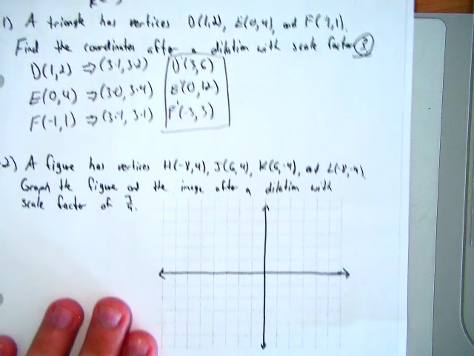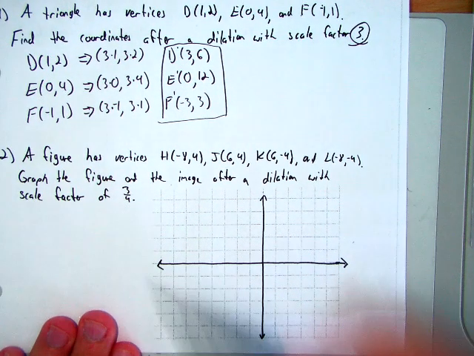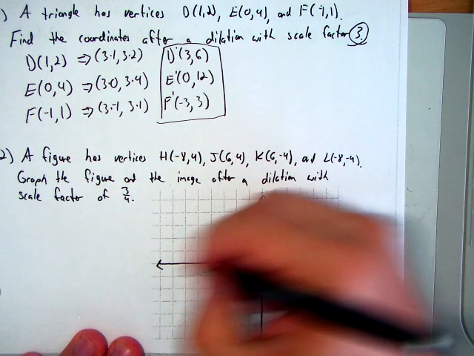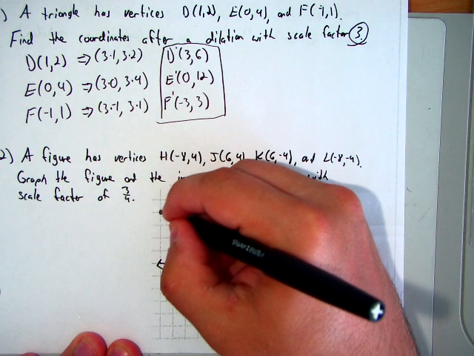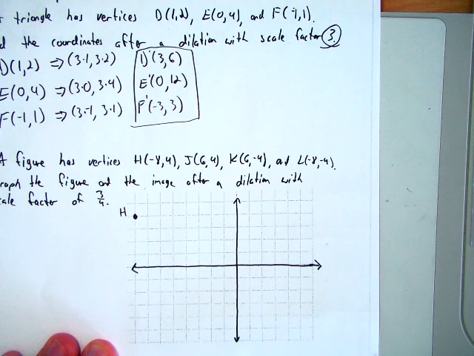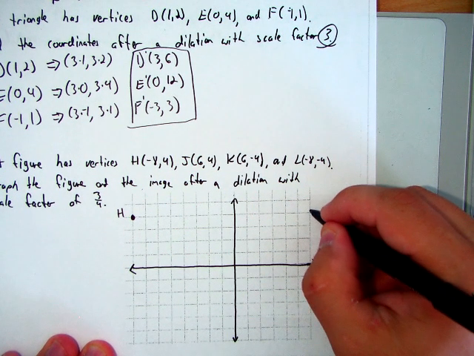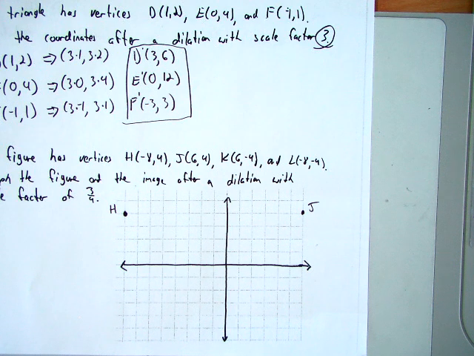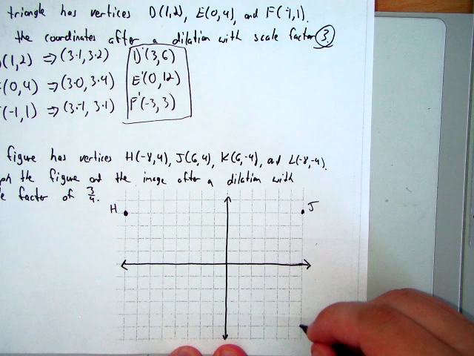Now let's look at an example dealing with the coordinate plane. So it says a figure has vertices of H, negative 8, 4. So that'd be back 8, up 1, 2, 3, 4. That's H. J is at 6, 4. So that's going to be right here. That's J. K is at 6, negative 4. That's down here.